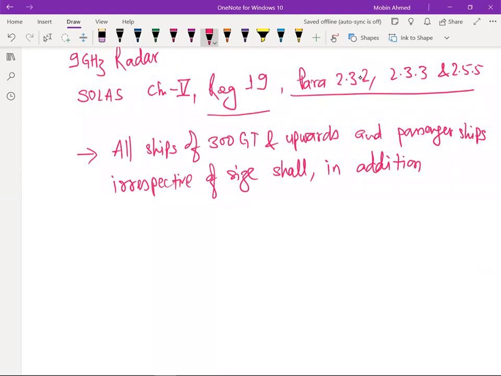Okay, so in this only the requirement of the 9 gigahertz radar is given, and that para I am referring here. If you remember this one, this must be more than sufficient for oral. Do not go in the deep. So in addition, that's why this word is coming, in addition. Many other things are also there, including the 9 gigahertz radar.